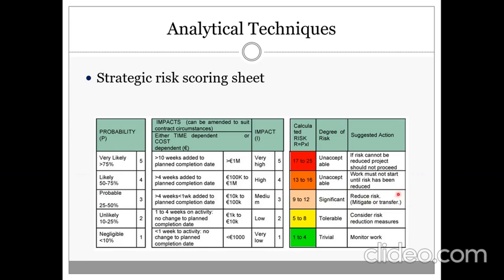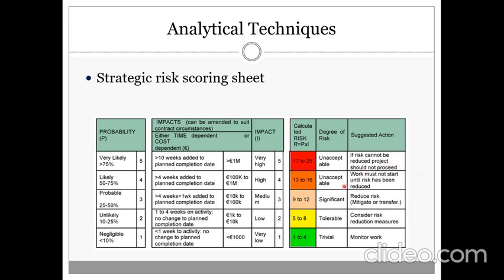Here is the category that we have to consider for risk responses. But for the above two, for the very high risk, if risk cannot be reduced, the project should not proceed. So in some cases, we have to cancel the project if the risk is very, very high.